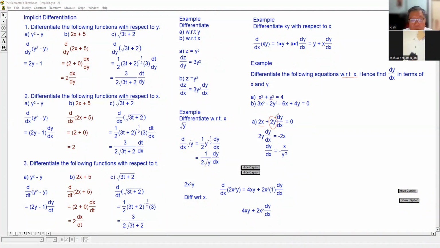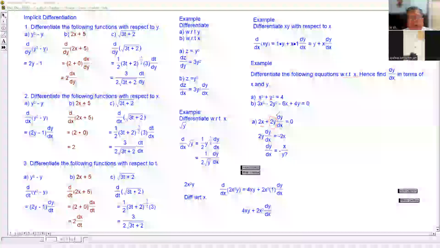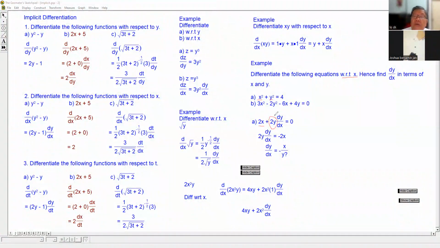So you have to perform the differentiation two times using the chain rule. The first time you differentiate y squared with respect to y. But because we are actually differentiating y squared with respect to x, you have to add this term there, dy dx. Okay? Then differentiate 4 with respect to x is 0.